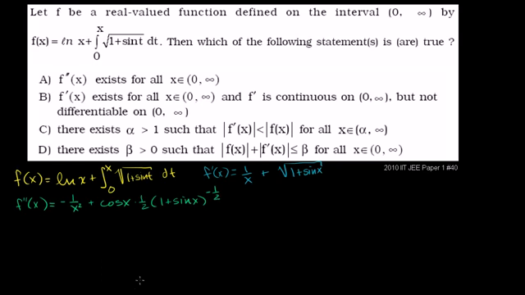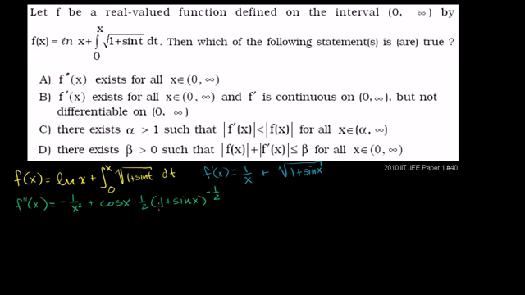Now let's look at the choices. The first choice says the second derivative of the function exists for all x greater than 0. If you're going between 0 and infinity and not including 0, this is essentially for all x greater than 0. Let's see if that is true. This would be undefined if x is equal to 0, but that's not in the interval.